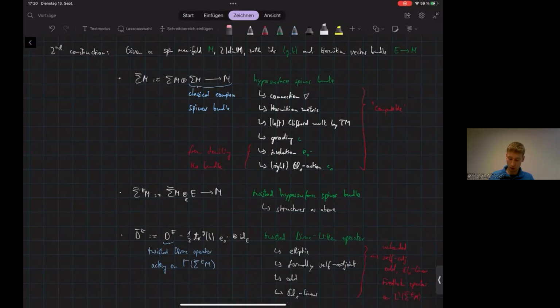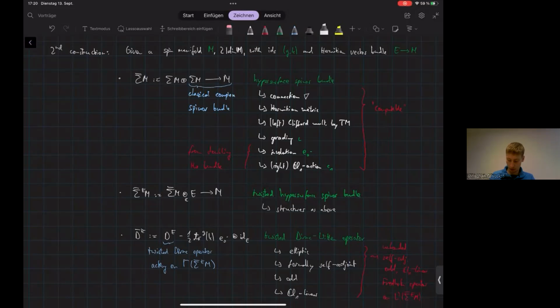We know that it's odd, which also needs a part of this compatibility. And we know that it's linear, and I could do the same remark. And all of this now gives an unbounded self-adjoint odd operator that is Fredholm, Cl1 linear, on the space of L2 sections of the twisted hypersurface spinor bundle.